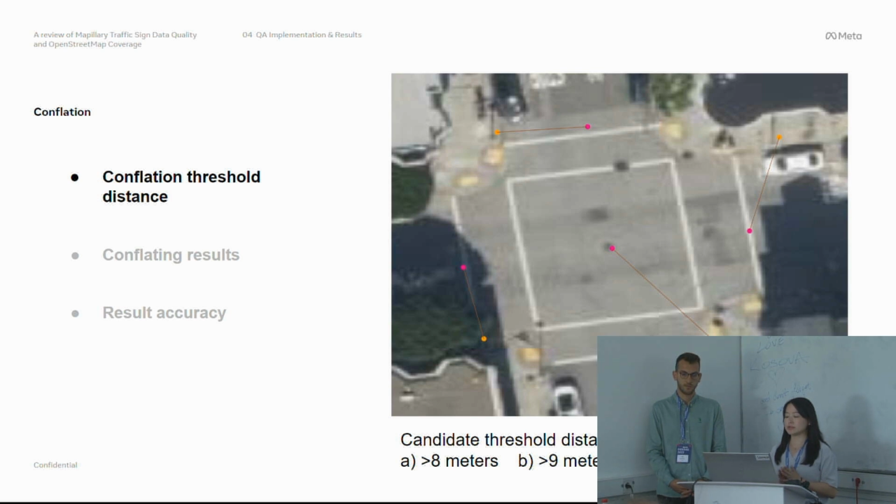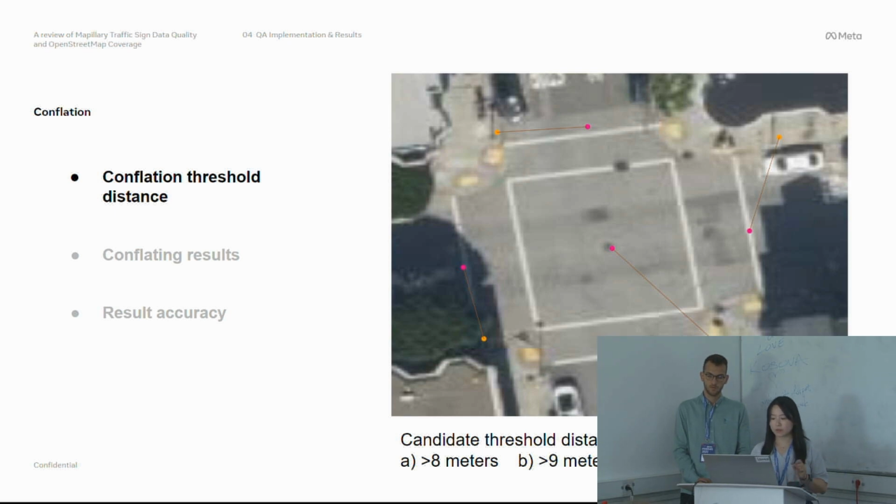One is 8 meters, and the other ones are 9 meters and 11 meters. That means any data that are apart from each other over this threshold distance should not be conflated. So we got 3 candidate distances among these chosen areas of interest.